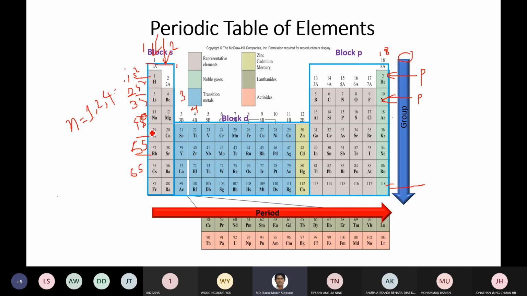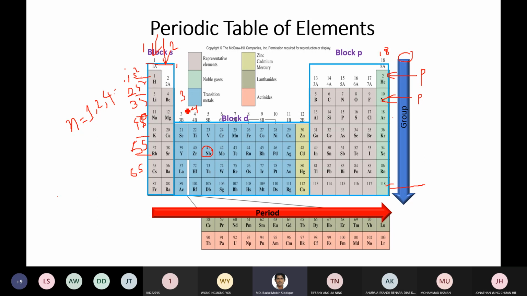Okay, group 5 and period 5, the element is niobium. In that way, we can spot one element.